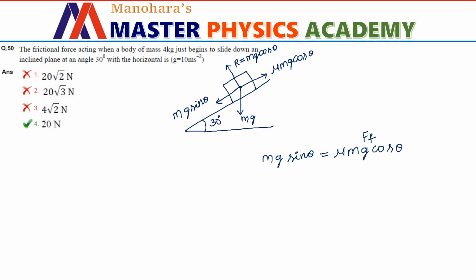So mg sin theta, let me substitute. m is given as 4 kg, g is 10 meter per second squared, sin 30 degrees is 1 by 2. Solving this, we get the answer equal to 20 newton, which is clearly depicted in option 4. Option 4 is the right choice.